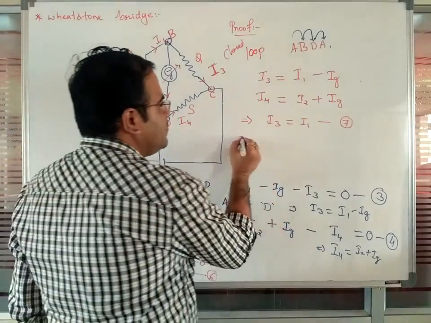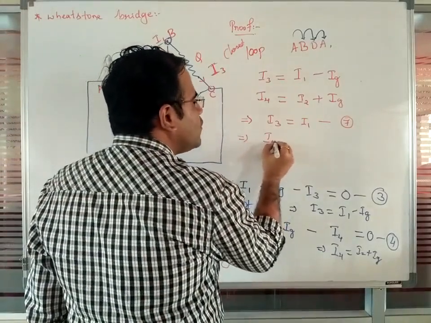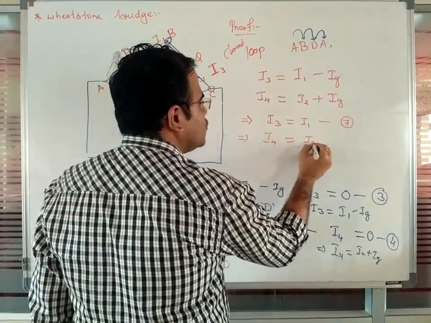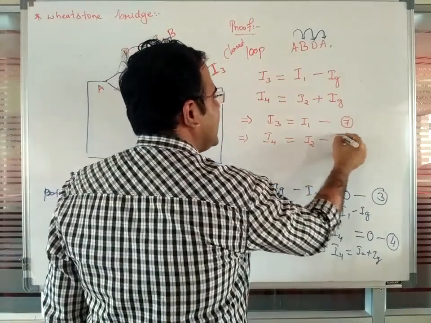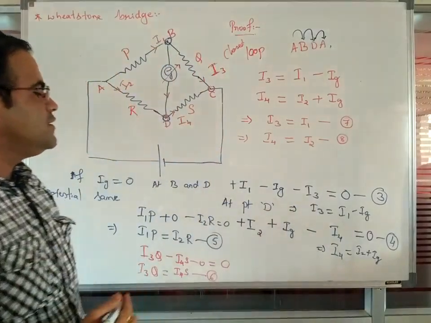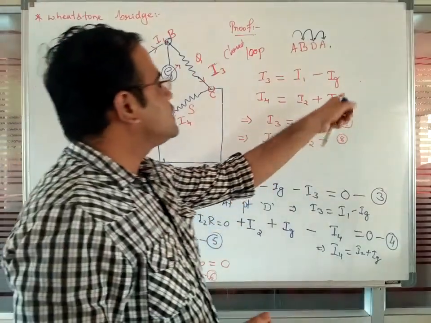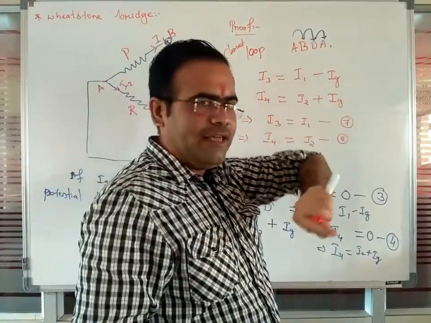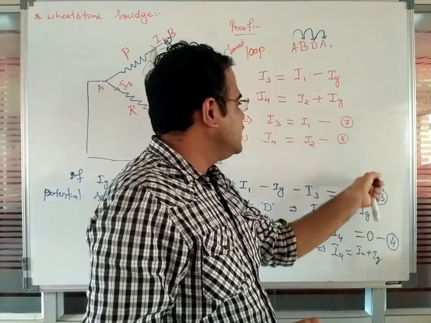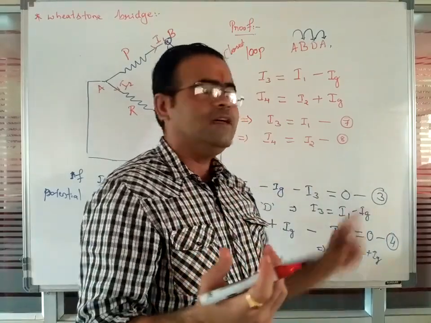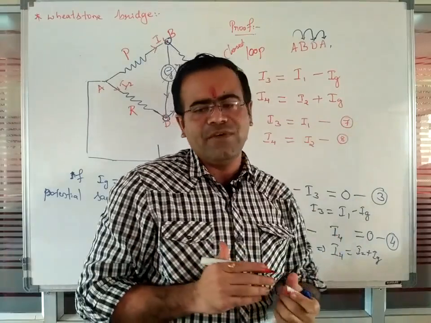Similarly, this implies I4 is equal to I2, which will be taken as the eighth equation. So on substituting the Ig value as 0 in the third and fourth equations, you get the seventh and eighth equations.